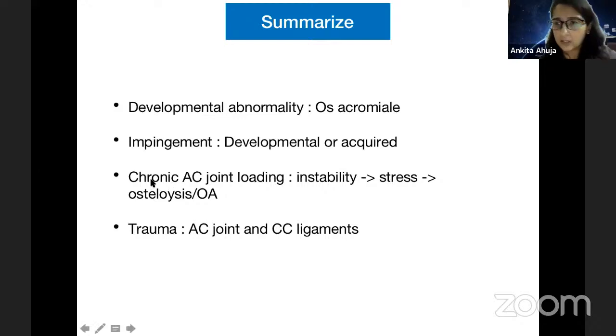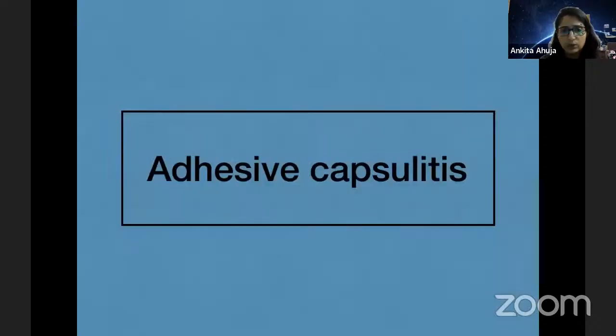Then chronic acromioclavicular joint loading, you can see the spectrum ranging from instability to stress to osteolysis or early OA. And whenever you have a case of trauma, look at the acromioclavicular joint and coracoclavicular ligaments together. Do not mistake coracoclavicular ligament calcifications around. That is pretty well known now.